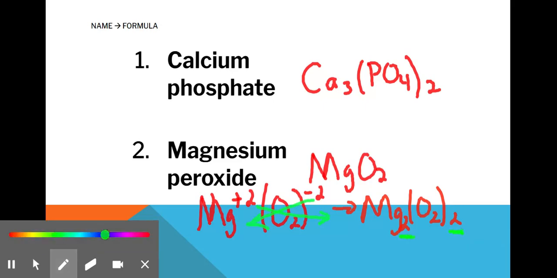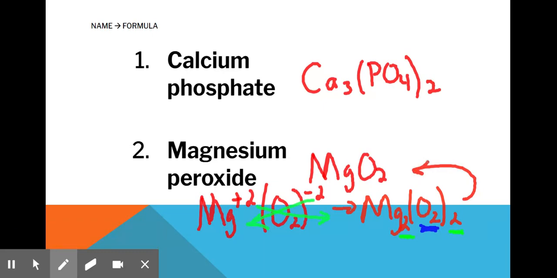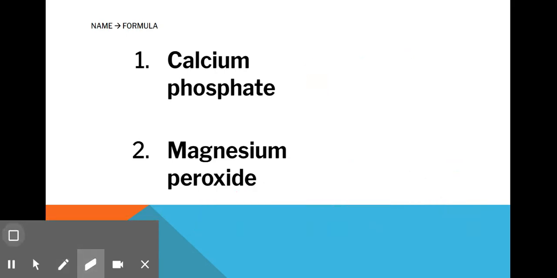You do not touch anything inside the parentheses, including this 2 on the oxygen. That leads you here. So that's it.